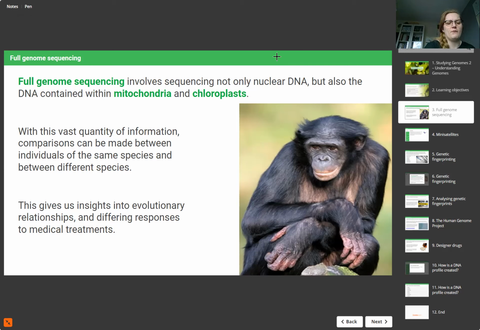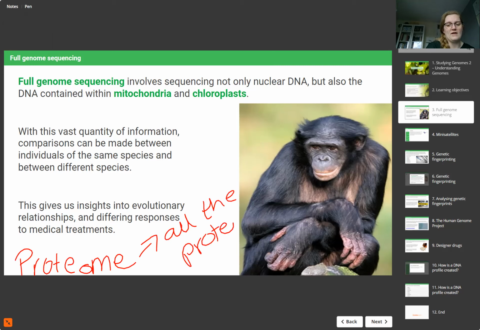The proteome of an organism is all the proteins made by it. So genome is all the genes present in the organism; proteome is all the proteins made by an organism.